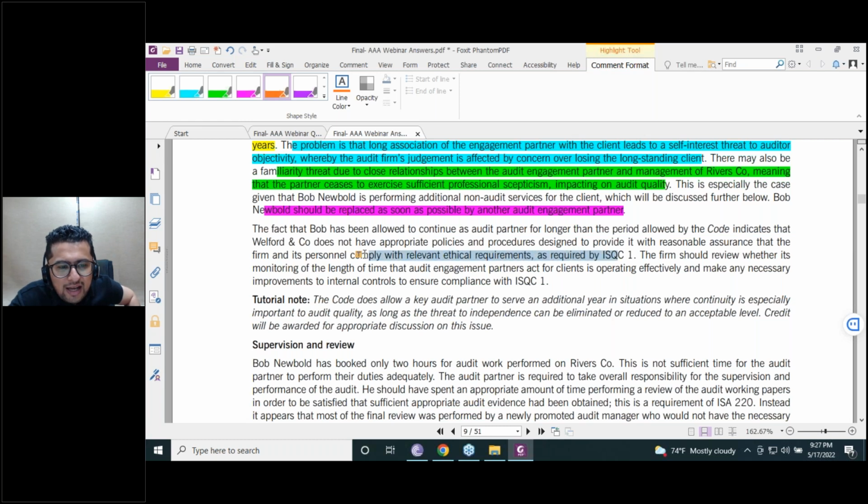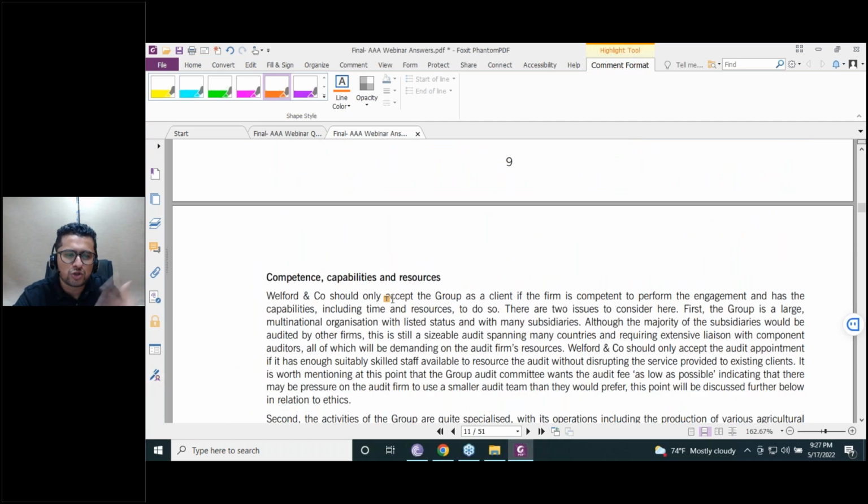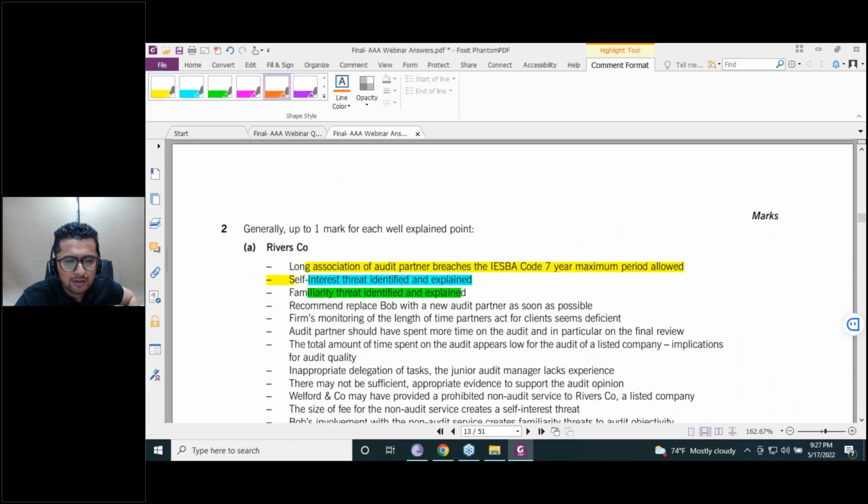The firm does not seem to have appropriate policies and procedures designed to provide reasonable assurance, so this is a compromise in accordance with ISQC 1. This is another 1 mark opportunity for you, and it has to do with quality. Remember, you are supposed to evaluate quality based issues as well.